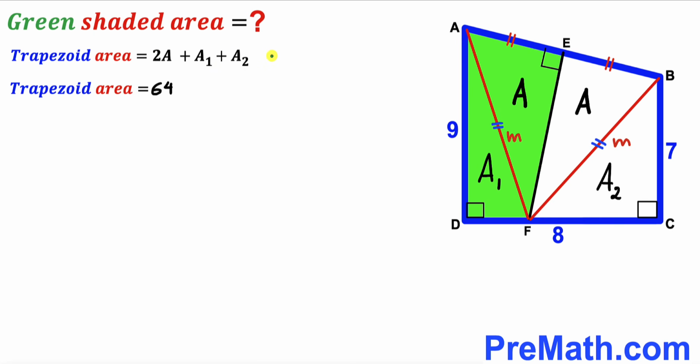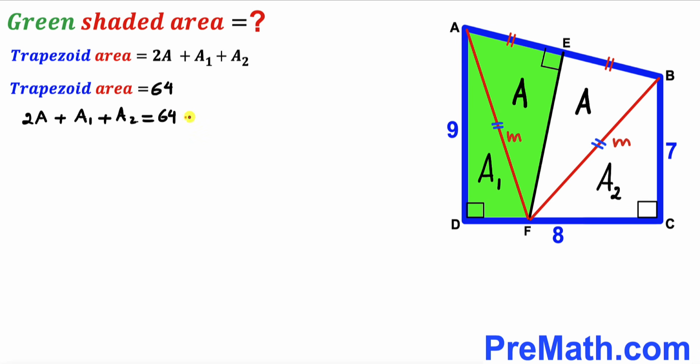Now we end up with these two equations. The trapezoid area equals 2 times A plus A1 plus A2, and the other area is 64. So we can equate these areas: 2 times A plus A1 plus A2 equals 64.